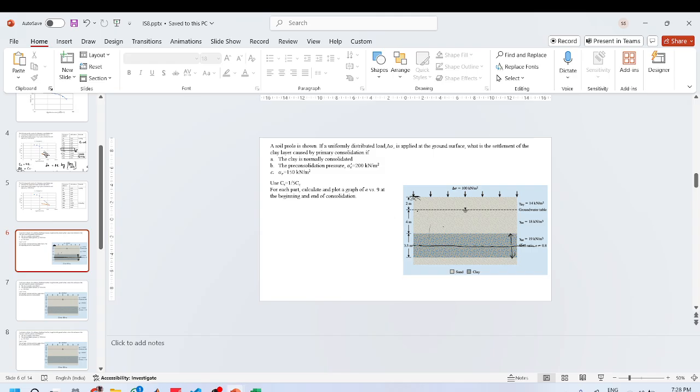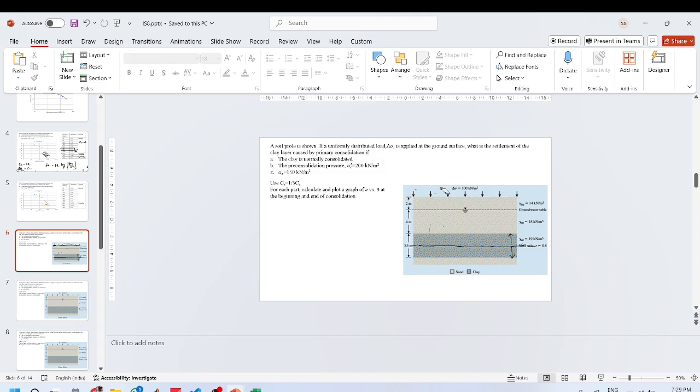Okay. So what we do is, this is the loading here, 100 kPa, a uniformly distributed load applied to the ground surface.